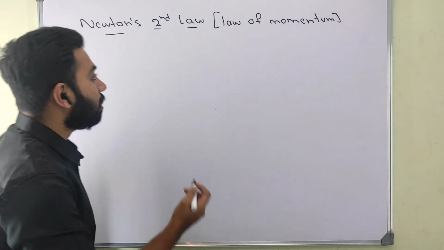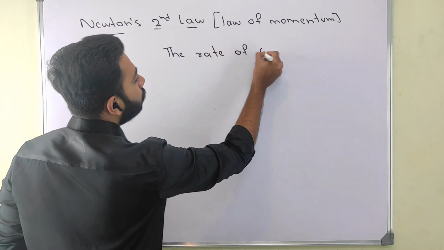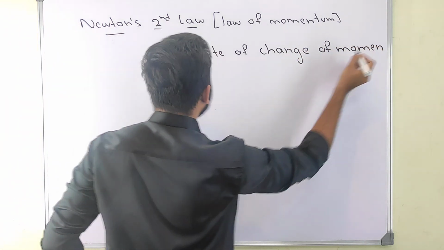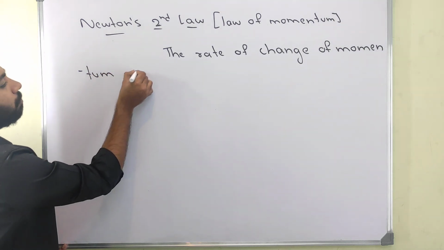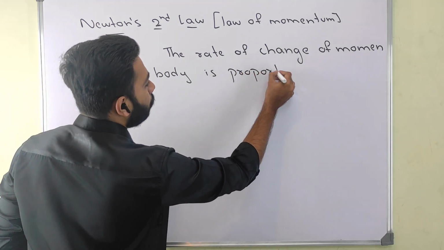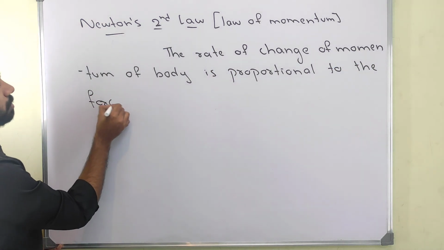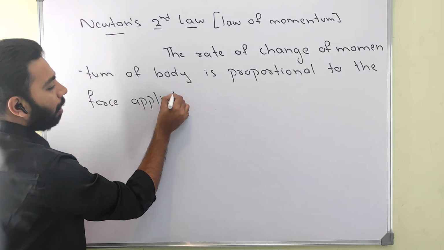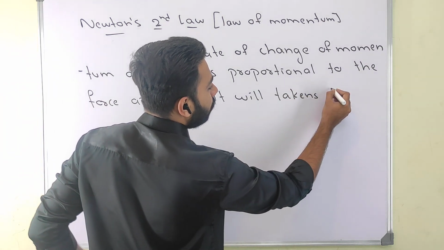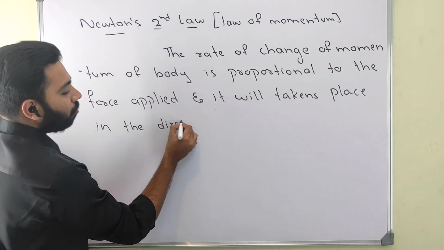What does this law define? This law says that the rate of change of momentum of a body is proportional to the force applied, and it takes place in the direction of the force applied.